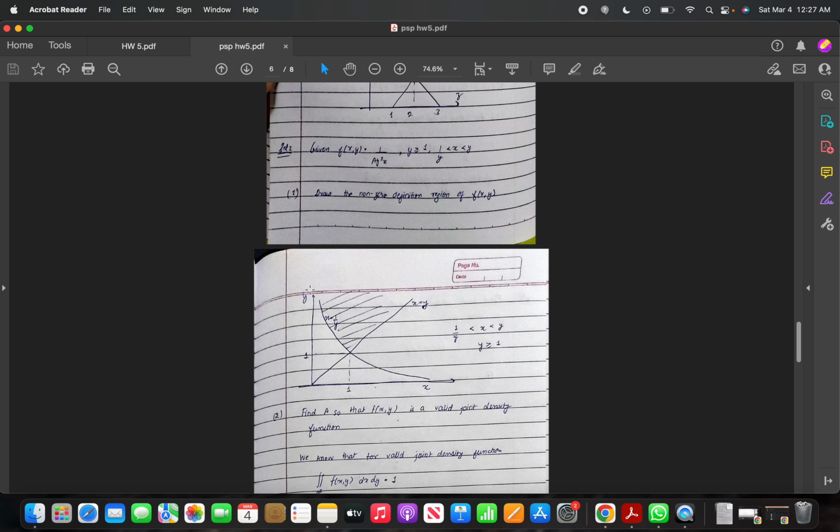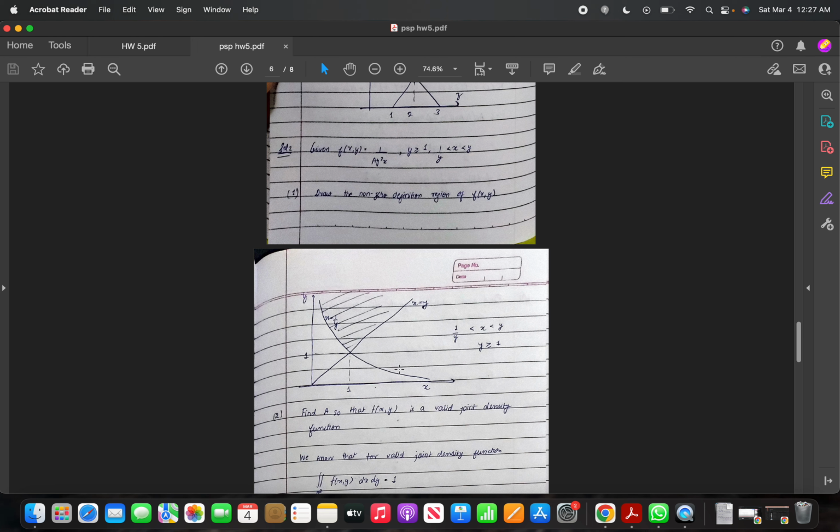So when we try to plot the graph, we can see that this line represents x equals 1 by y and this represents x equals y. We are also given that y is greater than or equal to 1. Basically, this is the y equals 1 line and y should be above this line, and x is between 1 by y and y.